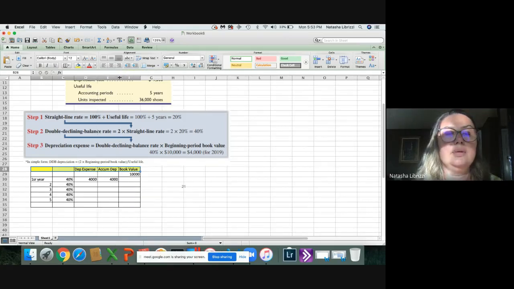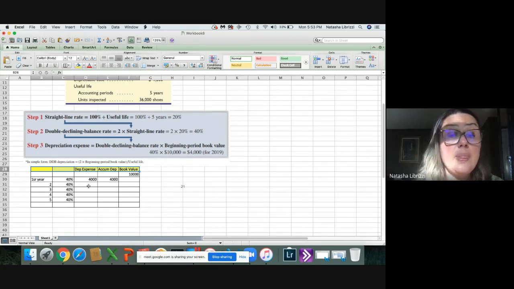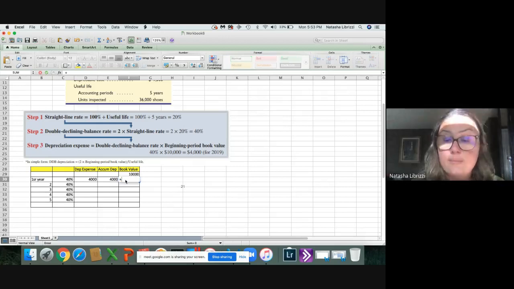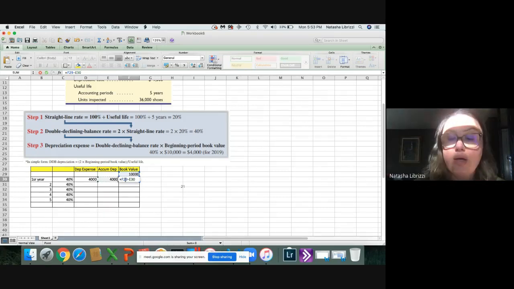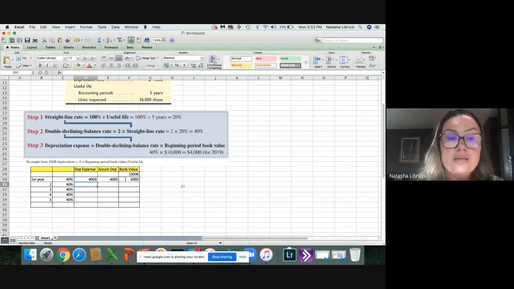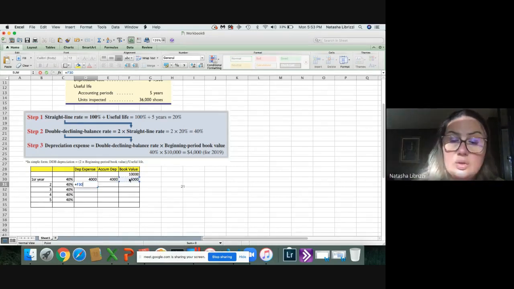So my first year is 40% of my book value. Now, my book value at the end of first year is my cost, right, minus my accumulative depreciation. In year 2, my depreciation expense is a book value times my rate.